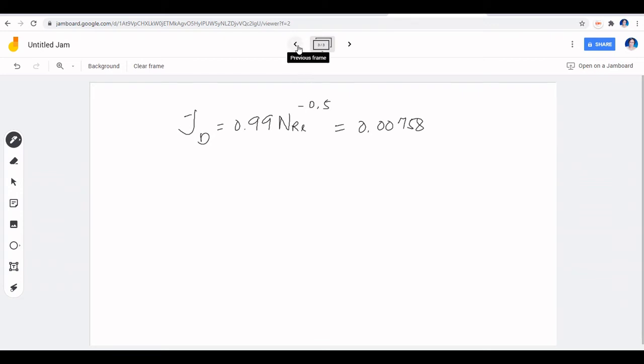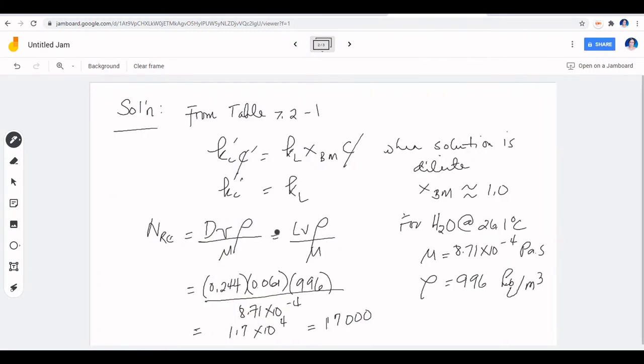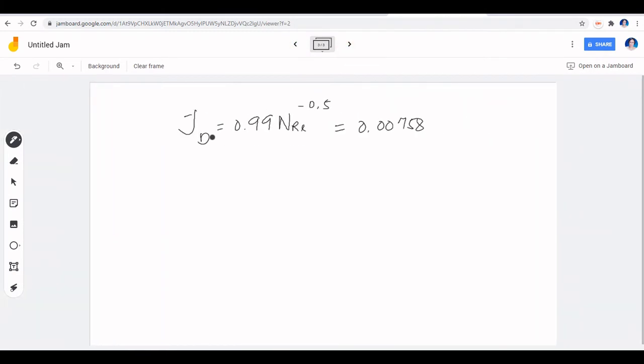The K sub C prime is the K sub L that we have written here. So we need another J sub D expression to equate this with. That particular expression should have the presence of the K sub C. And what is that J sub D expression that will have the K sub C?